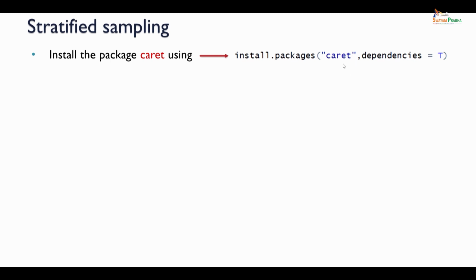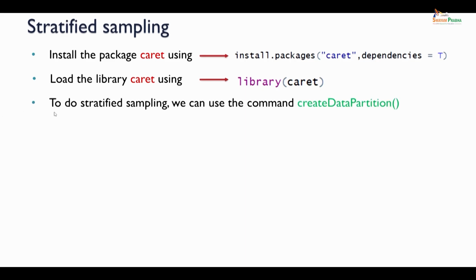Having done that, you have installed the package caret. Now we have to load the library using library(caret). When you use library(caret), you have loaded the package. So, now we are ready to use the createDataPartition function.